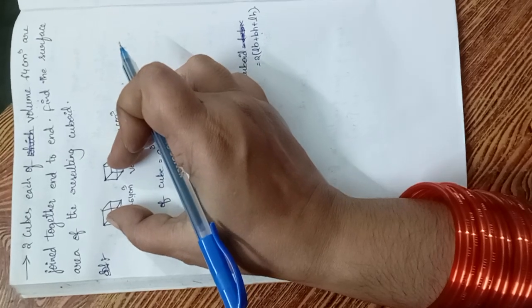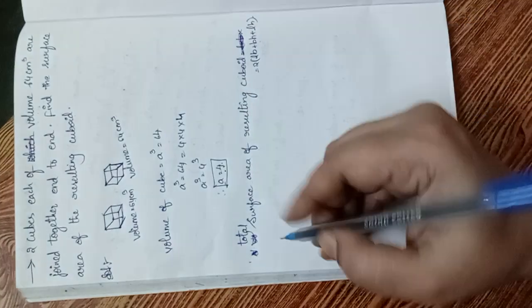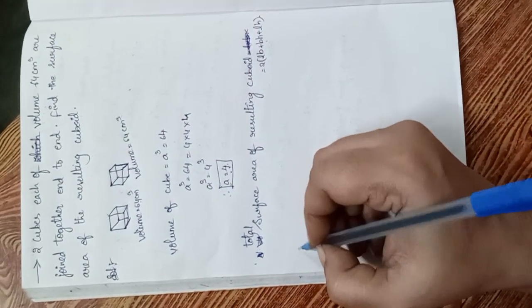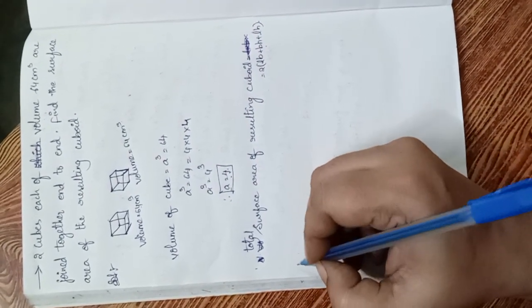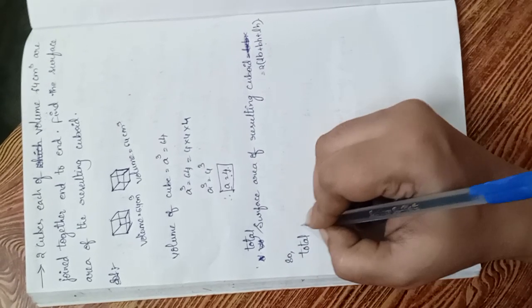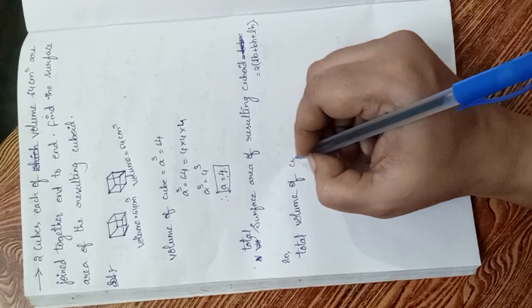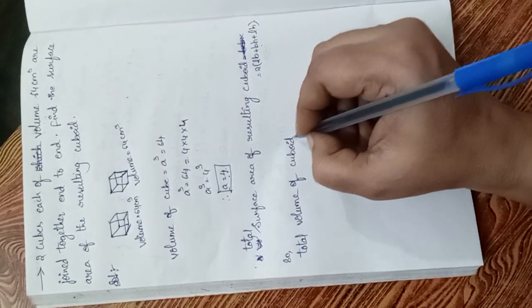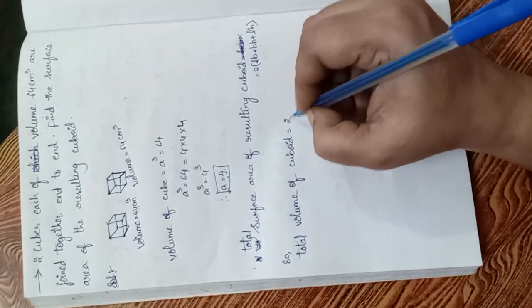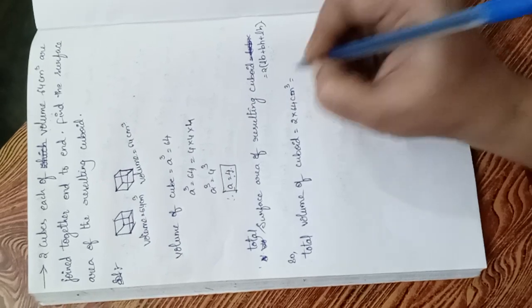If you observe, you are combining these two cubes, right? The total volume of the resulting cuboid will be this. Total volume of the cuboid is equal to 2 into 64 cm³. Why?